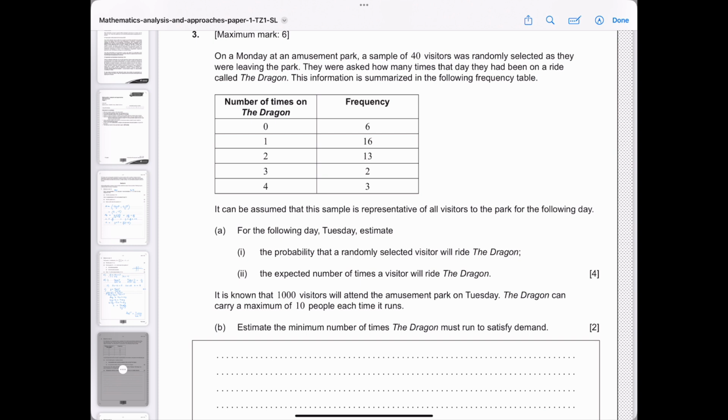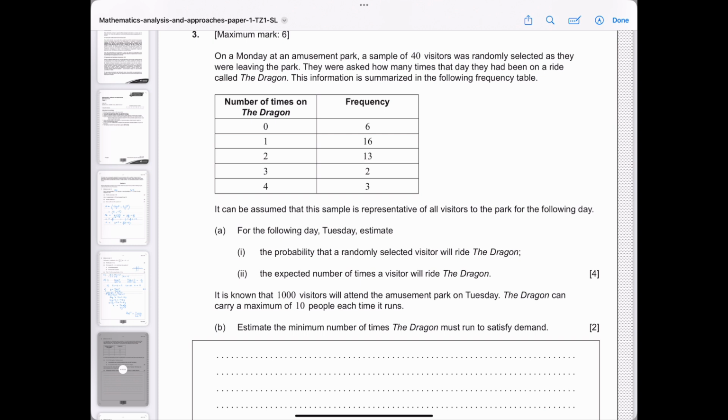So this is some sort of probability problem. On a Monday at an amusement park, a sample of 40 visitors was randomly selected as they were leaving the park. They were asked how many times they had been on a ride called the Dragon. The optimum amount seems to be once or twice. It can be assumed that the sample is representative of all visitors to the park the following day.